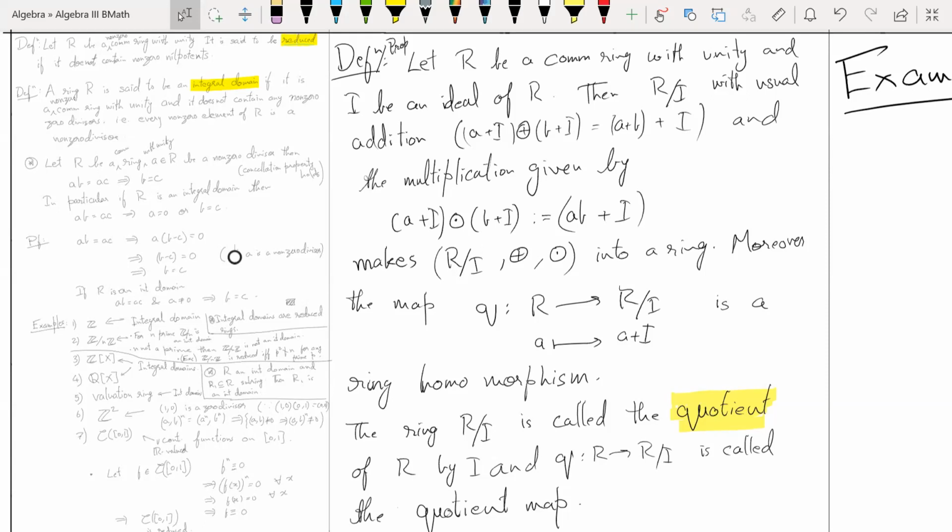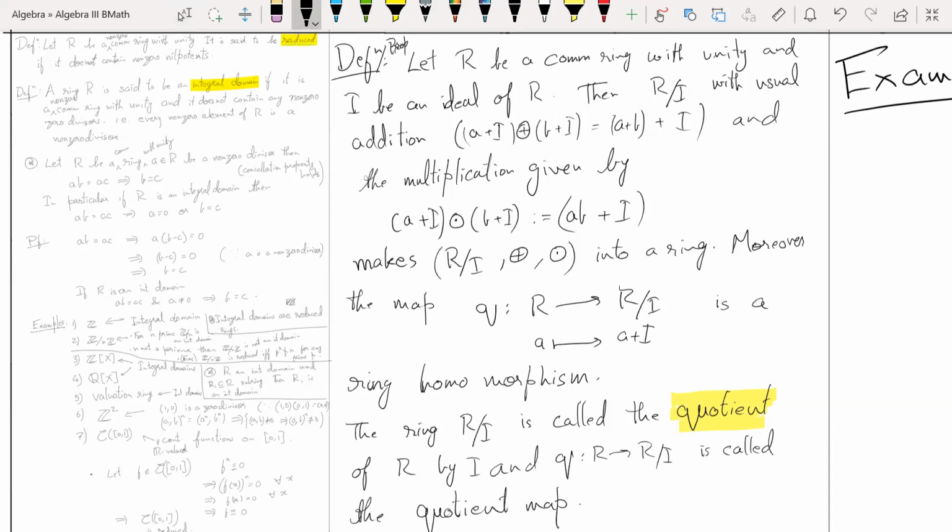And I is an ideal means I with plus is also a subgroup of R. So R mod I as a group under addition makes sense because it's a subgroup of an abelian group, and hence it's a normal subgroup. So you can always take the quotient. So this gadget R mod I as an abelian group makes sense.